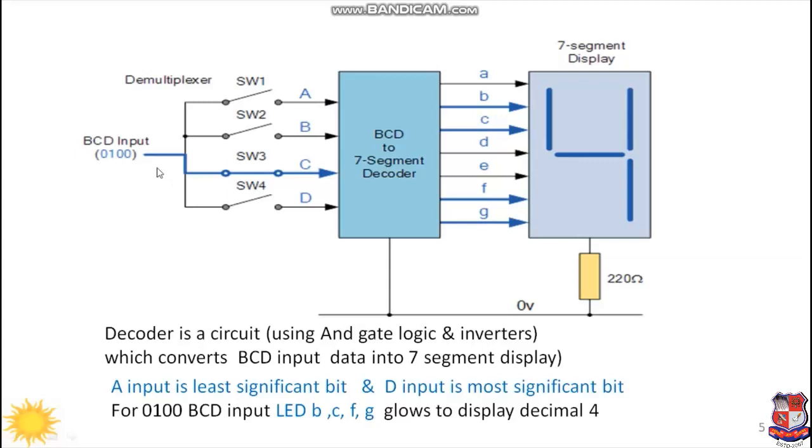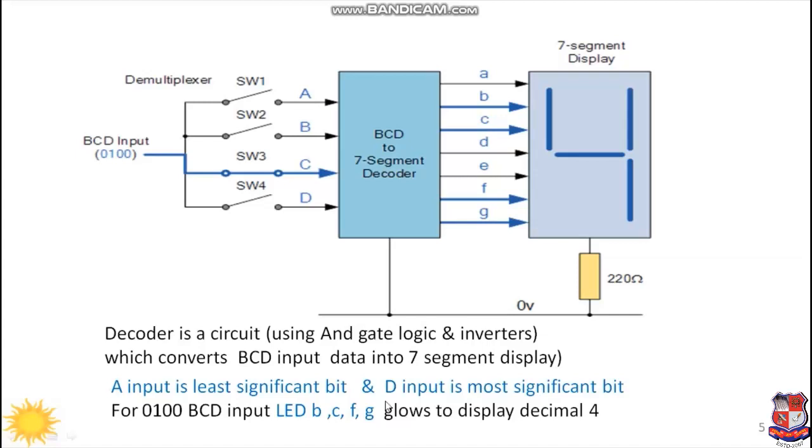Now this is a demux or demultiplexer which gives more than one output as compared to the input. Here it is connected to C because the input is 0 0 1 0, so this switch is connected, BCD is getting 0 1 0 0, so the outputs B, C, F and G will glow to display decimal 4.